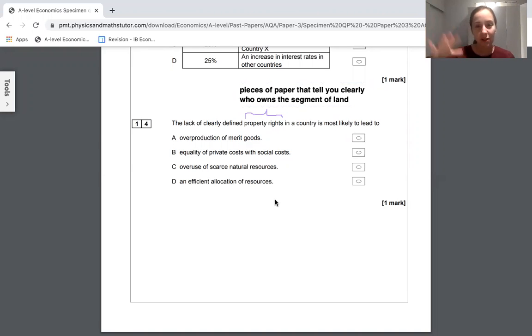You can say I own this square of this country, like most people would when they buy a house or something. You can't really have property rights in things like the sea, for example.